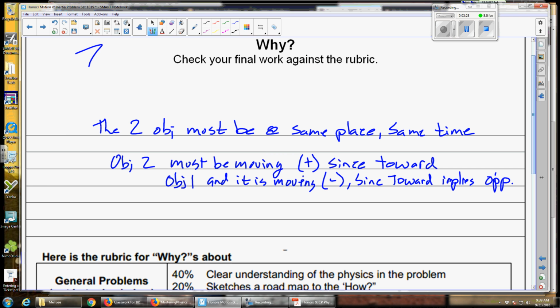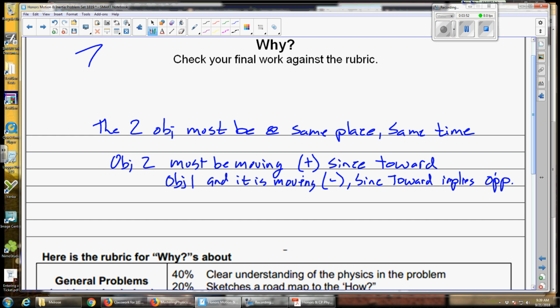So when I look for the velocity of object 2, I'm going to look for a positive value, because for things to move towards each other, they have to be moving in opposite directions. At least from some frame of reference, they're moving in opposite directions. And I don't think we're playing with frame of reference in this one.